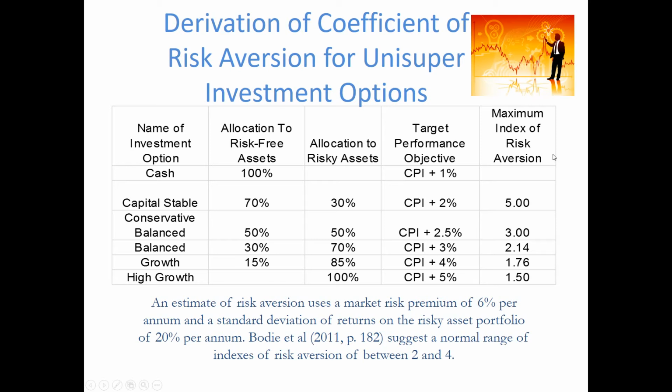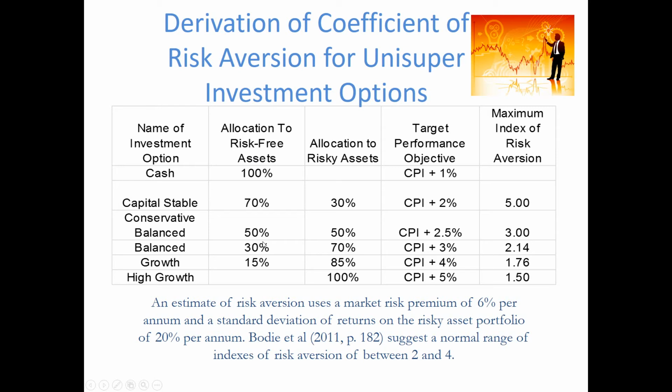We can assume that the target performance of each of these funds is the expected return of the fund, which is a combination of the consumer price index, I mean the inflation rate, plus an additional return. And we can use the weightings stipulated previously by UniSuper in terms of the breakup between the defensive and growth assets. You can see here the allocation in the risky portfolio and the risk-free assets.